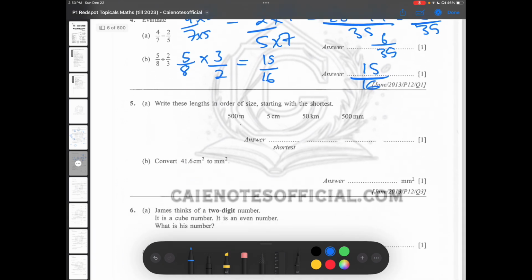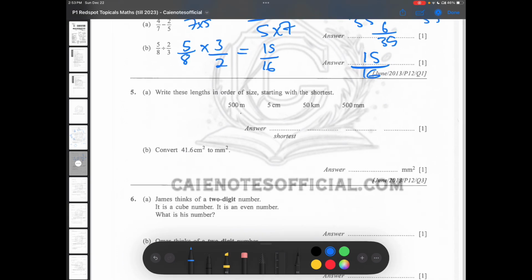Let's move to question 5. Write these lengths in order of size starting with the shortest. So you need to convert these units first. We have 500 meter, 5 centimeter, 50 kilometer, 500 millimeter.